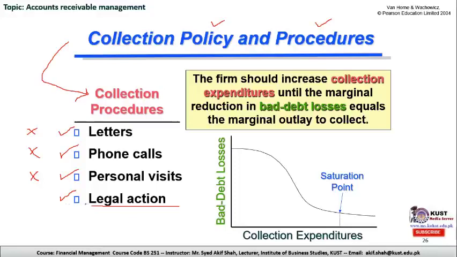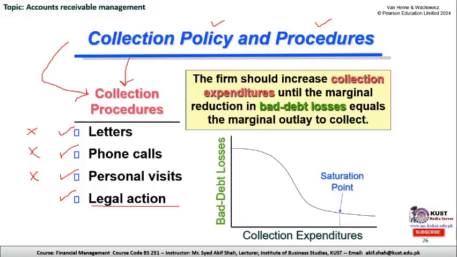So the final step, number 4, is to sue the credit customer in the court and to collect the account receivable against the credit sale. So these are certain collection procedures used by a typical manufacturing company.